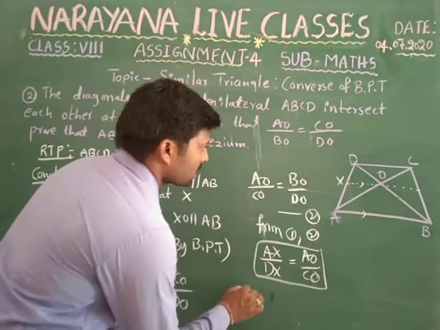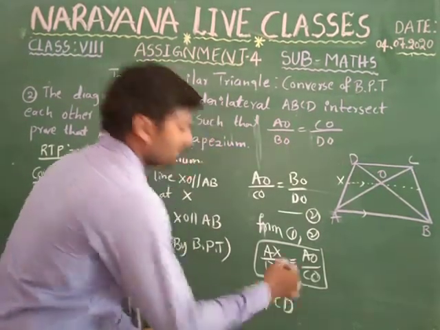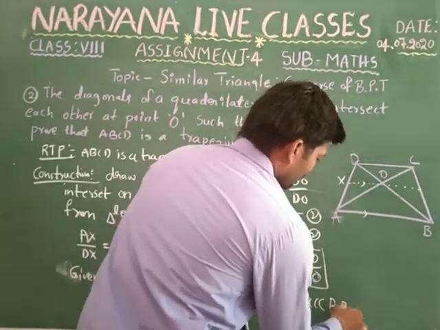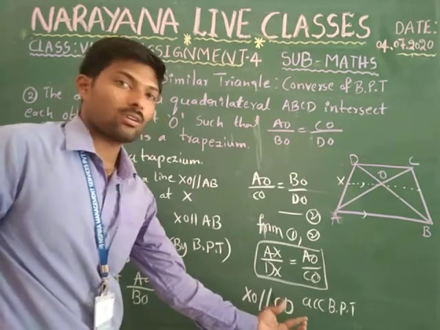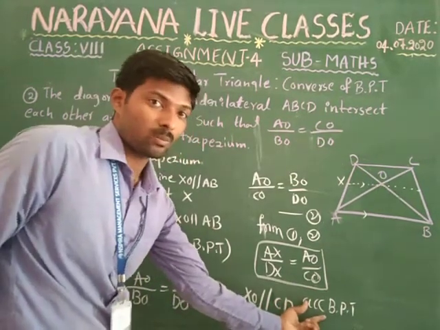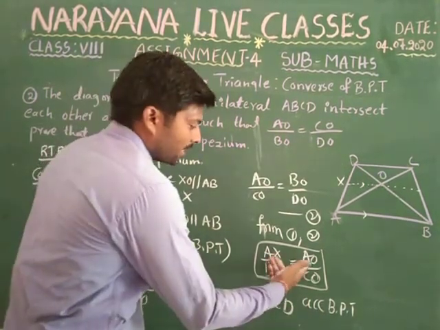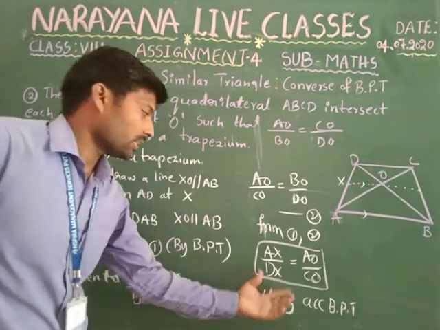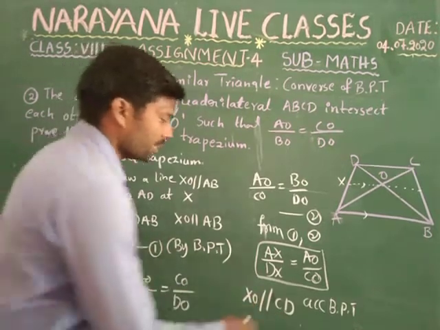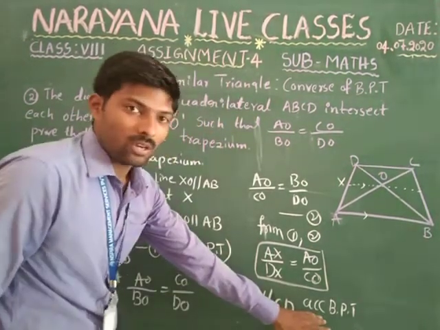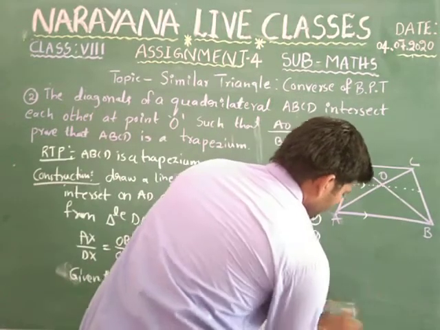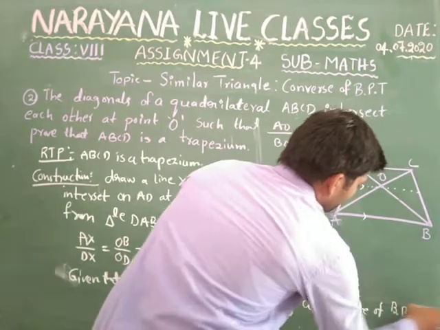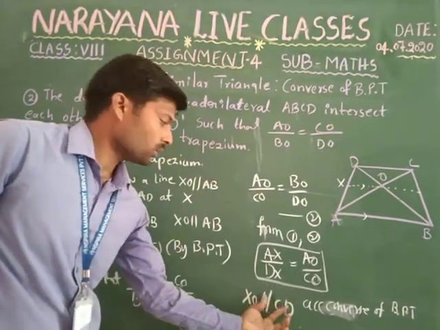That is, XO is parallel to CD according to the converse of the basic proportionality theorem. Given that the line divides in the same ratio, it is parallel to CD.